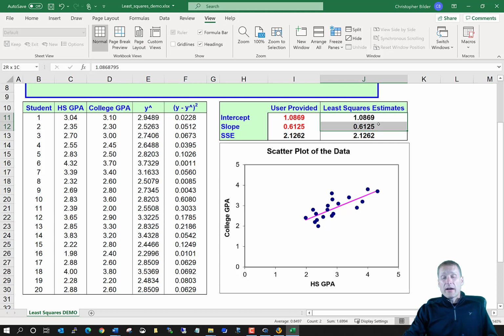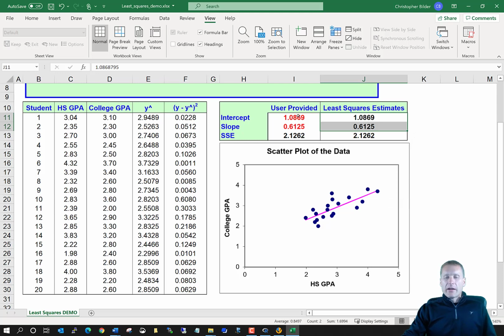This is the smallest value. And we have a scatter plot of the data again. So the points in blue are representing our observations. We have this line here that goes through the middle of the points and nicely shows this trend that we have between high school and college GPA.